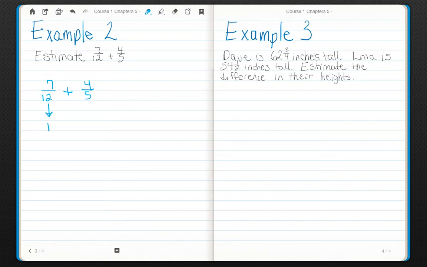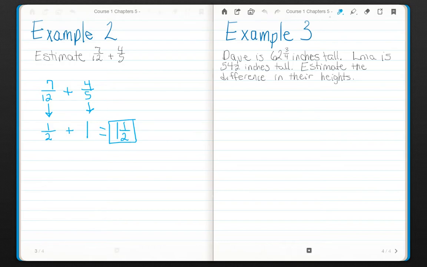So 7/12 is going to round to the benchmark 1/2. 4/5 as a decimal is 0.8. 0.8 is closer to 1 than to 1/2, so this will round to 1. So 1 plus 1/2 equals about 1 and 1/2. Again, I need to see your original addition or subtraction problem, see you rounding by using the arrows to show your benchmarks, and then show your final answer with the box around it.